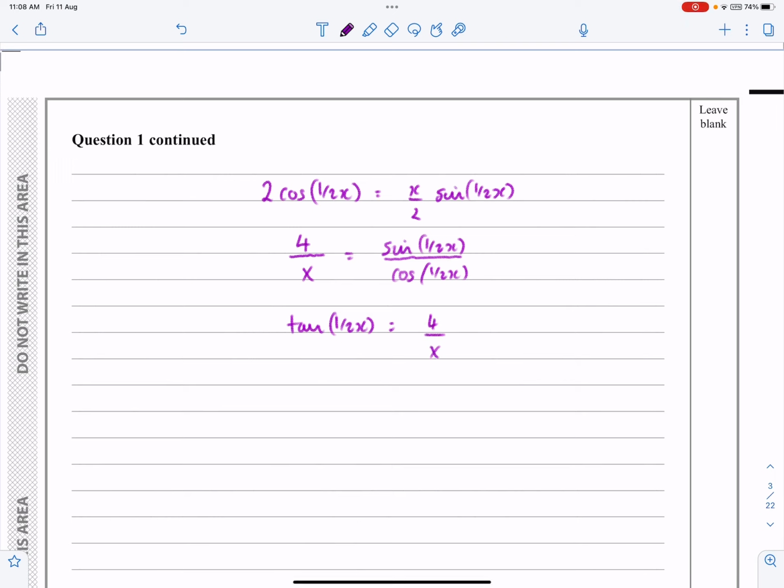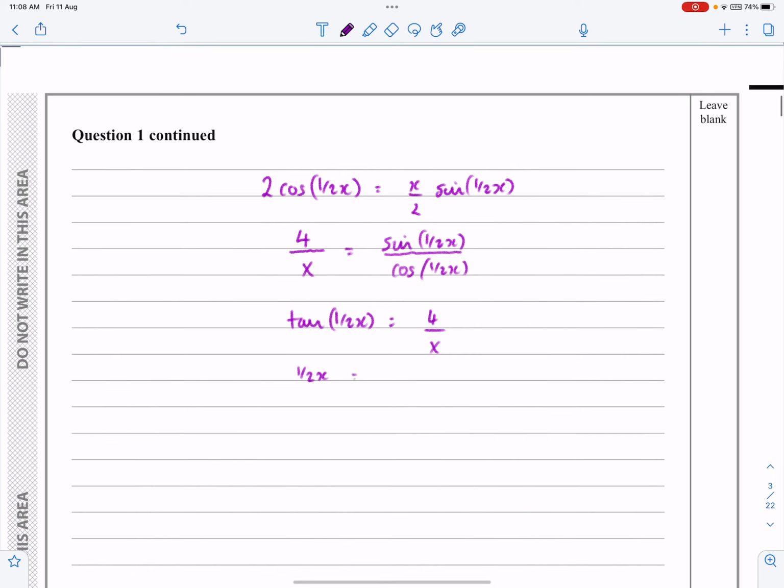And so if I want that, then 4 over x is, half x is going to be tan to the minus 1, or arctan 4 over x. We're nearly at what we wanted, so x is just going to be 2 arctan 4 over x.